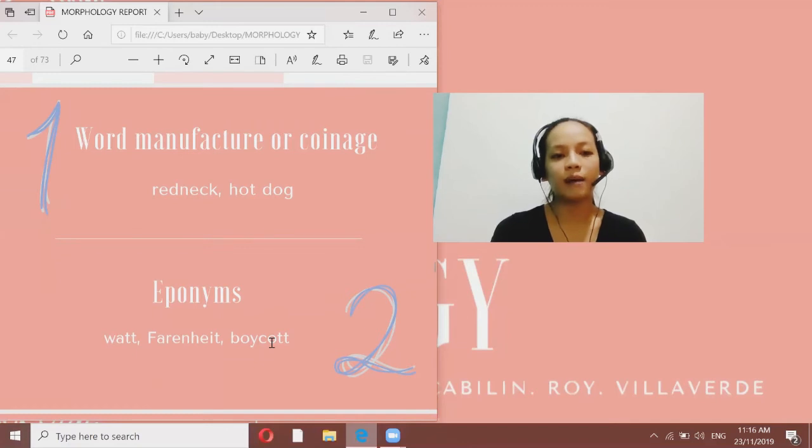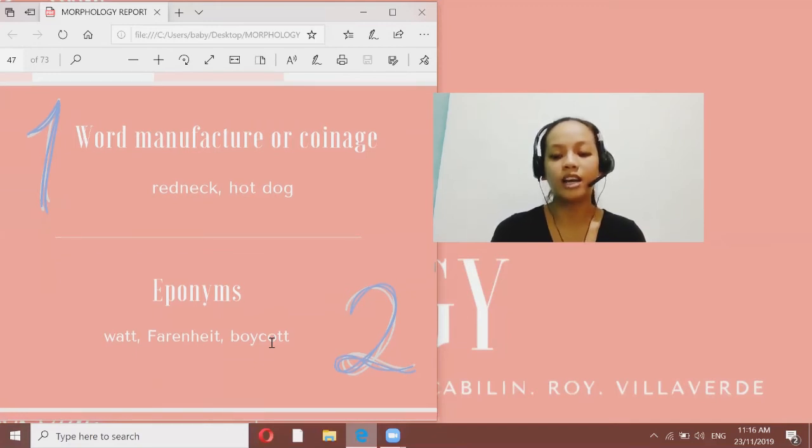And other examples of eponyms are leotard, which came from the inventor's name Jules Leotard. We have guillotine, Alzheimer's, Newton, diesel, and even cardigan. We take those words from the surnames of the people who invented them.